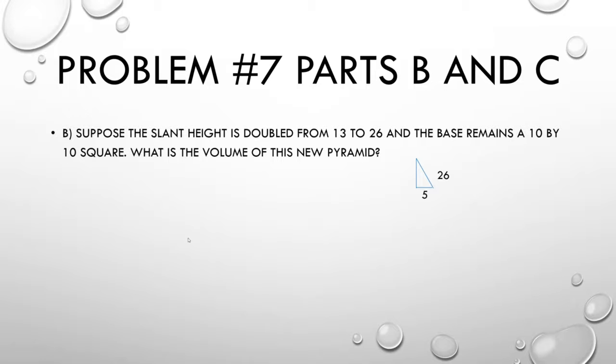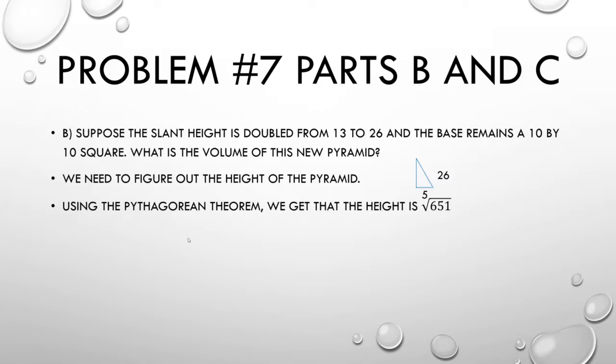Okay, so looking at the pyramid from the side, we get a right triangle where one leg is 5 units and a hypotenuse is 26 units. We need to figure out the height of the pyramid. And we're going to do that using the Pythagorean theorem. We'll do 5 squared plus the height squared equals 26 squared. And that tells us that the height is the square root of 651.